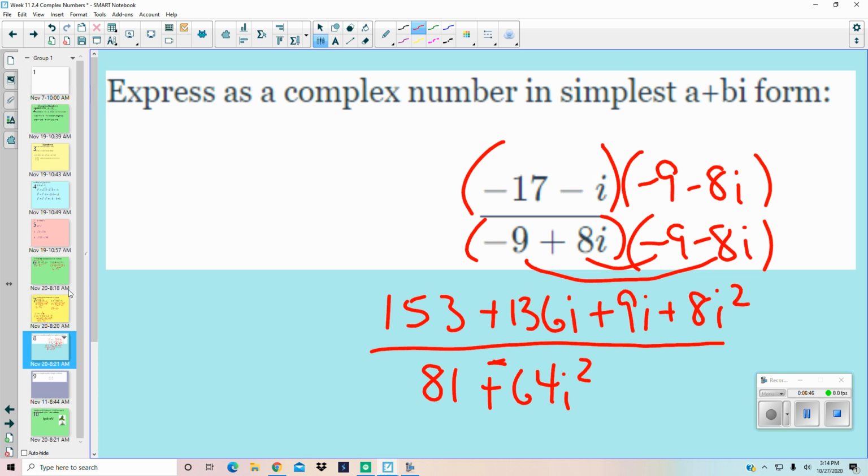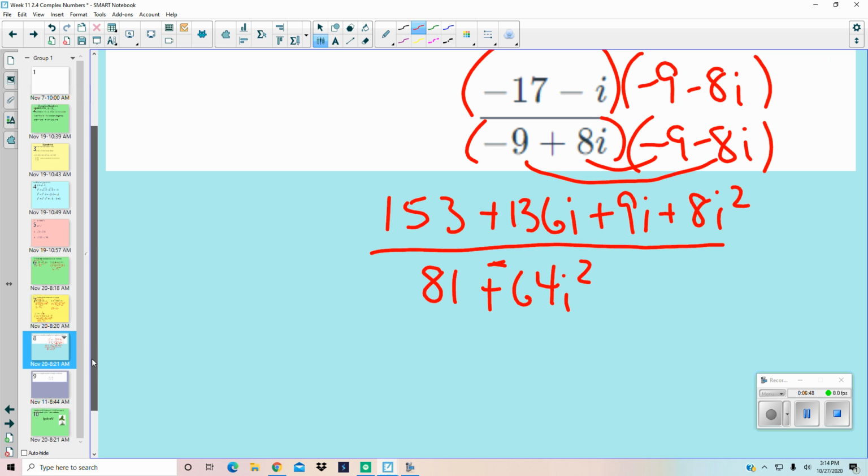So now, on the top, this is going to become a negative 8. So 153 minus 8, which is 145. And then 136 plus 9 is 145.